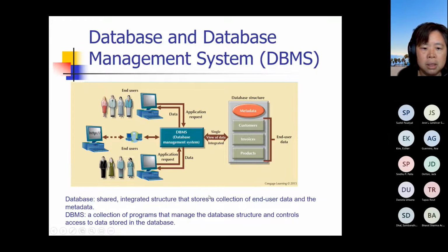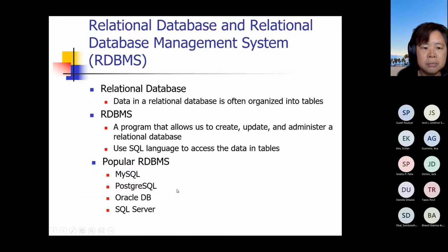So last time we focused on the relational database. This is a type of database that was developed maybe around 1970, almost 50 years ago, but it's still a widely used model.